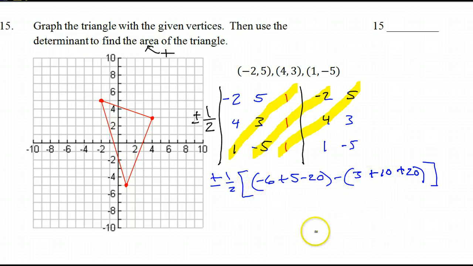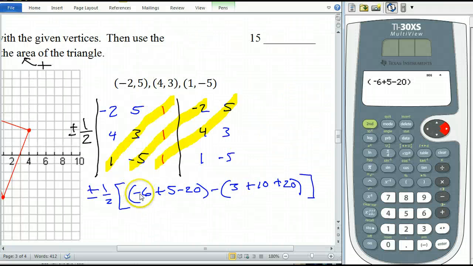I'm going to put this part in my handy-dandy calculator. So we have negative 6 plus 5 minus 20 minus 3 plus 10 plus 20. That is negative 54.